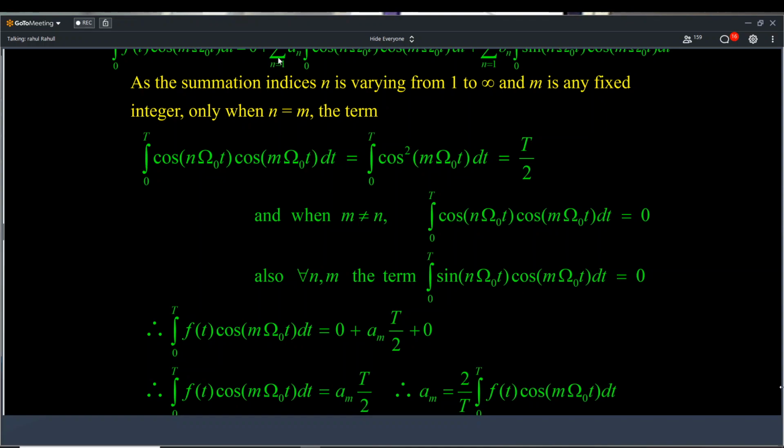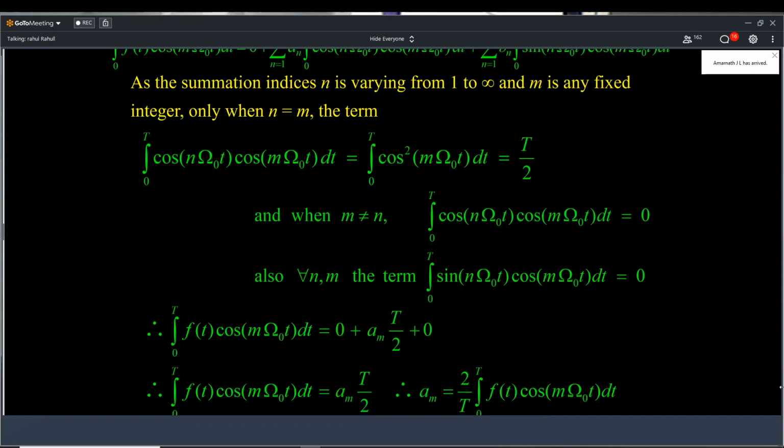If you observe, this summation varies from 1 to infinity, so during this course n takes the value m once, and therefore this term reduces to cos square of m omega 0 t, and when you integrate from 0 to T, you get T by 2. Okay, and that's why finally am is equal to 2 by T integration 0 to T f of t cosine of m omega 0 t. This is the derivation for am.